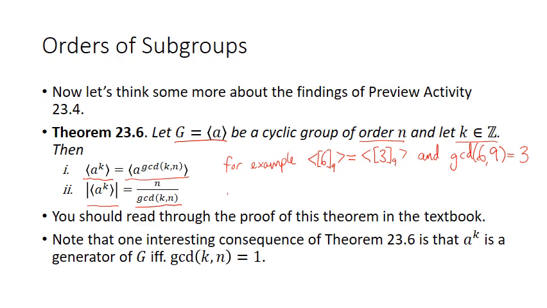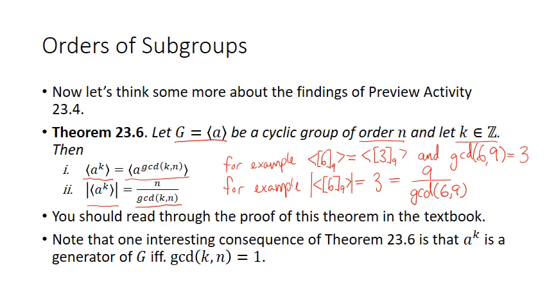For example, we saw that the order of the cyclic subgroup generated by 6 in Z9 was 3, which is 9 divided by the GCD of 6 and 9, which is 3. Okay, so that was the formula at play there.